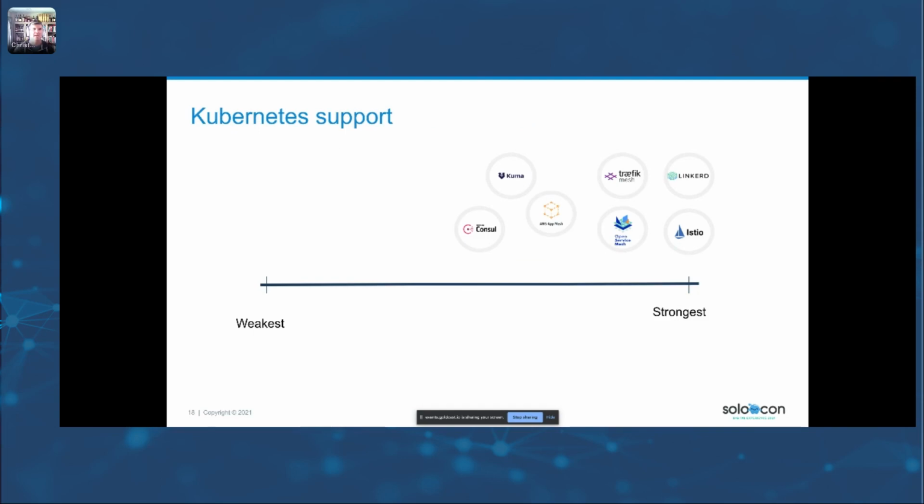Now, a leading reason for why you might want to adopt a service mesh, as I've mentioned, is running on ephemeral cloud native infrastructure. Kubernetes is one example of that. And if you're running in Kubernetes, you're already halfway there to probably needing a service mesh at some point. And so it's not a surprise that some of these service mesh offerings do have really good Kubernetes support.